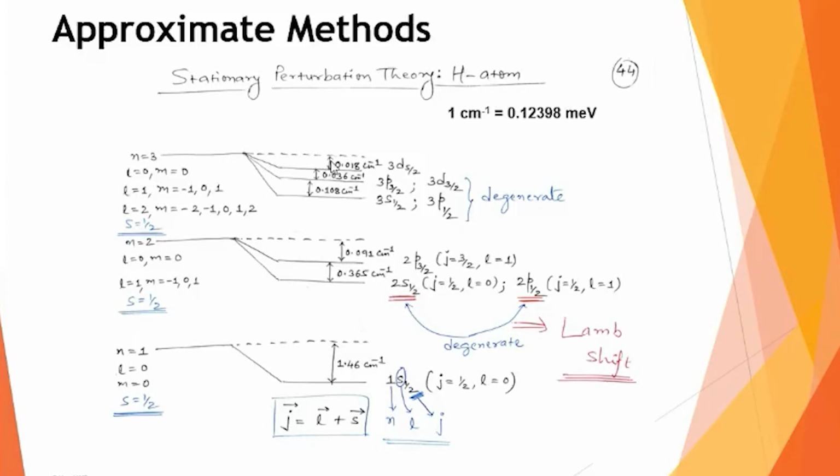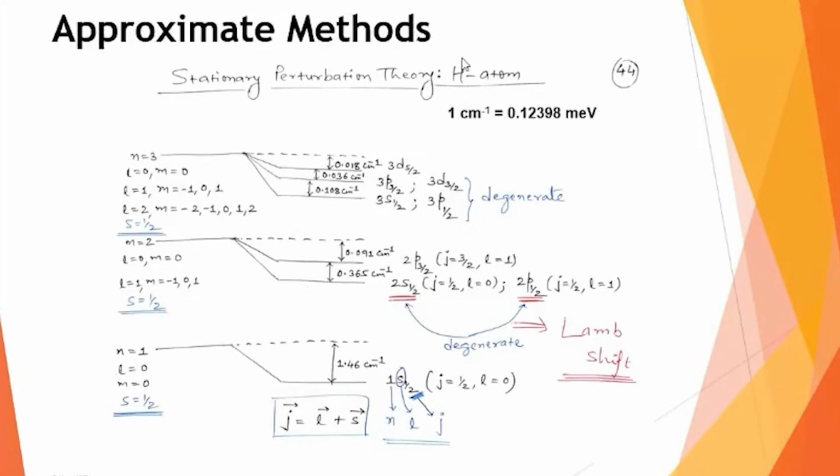Here, just to add the notation, for all those energy states which are compared, the amount by which the energy states are lowering or raising, I try to write in units of centimeter inverse. Right? So let us say for the ground state, compared to the original energy state, after applying the perturbation you can see there is a downward shifting of the energy state by 1.46 centimeter inverse.